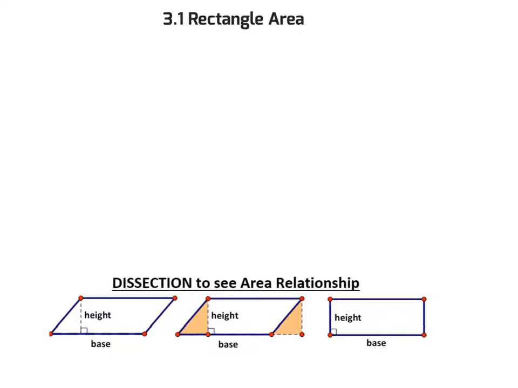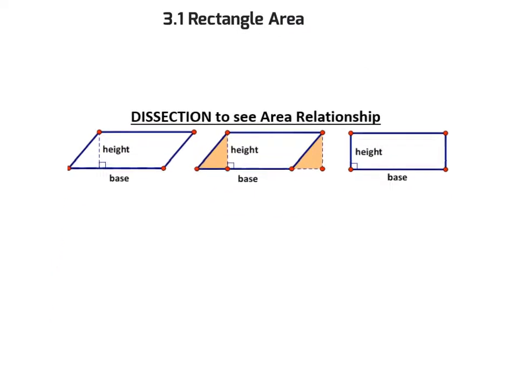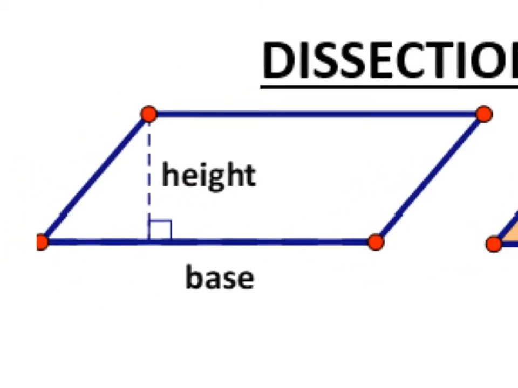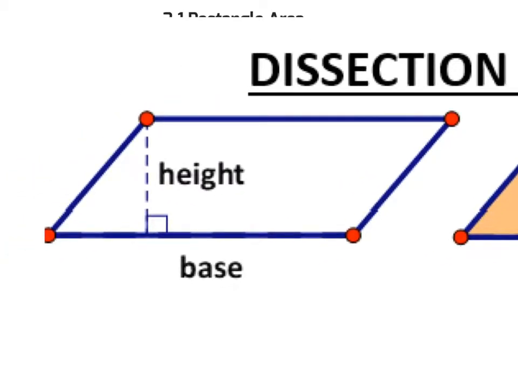Now, what is an option is if you take a look closely at what we call the dissection method. Here is our parallelogram, and we've dropped down a height here, which is important. We need heights when we calculate area. And we notice something cool, that this little area right here, we could dissect it, which means to cut it.